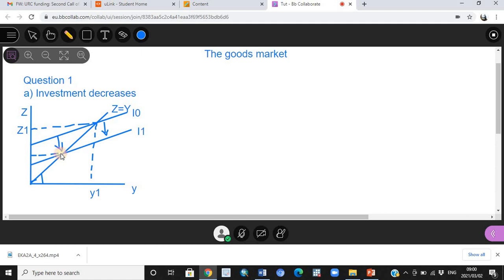We can see that our income has reduced from income 1 to income 2, and our production has reduced from Z1 to Z2. I will also show the arrows here.